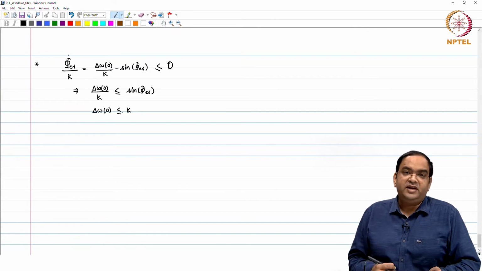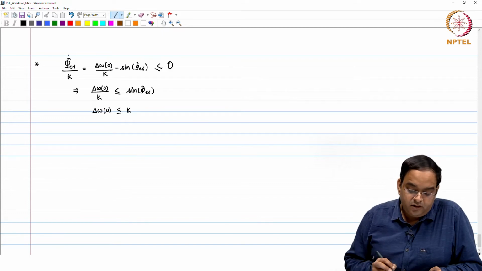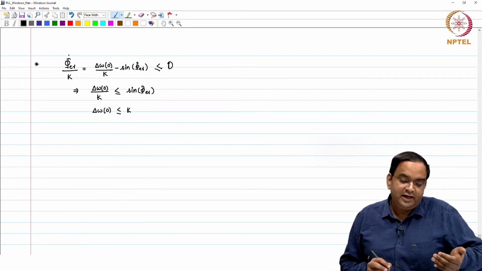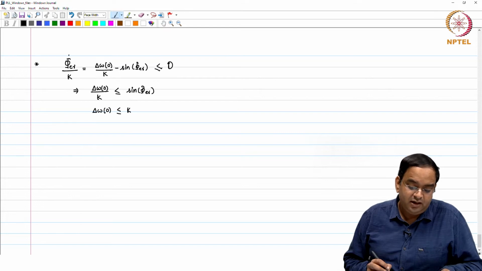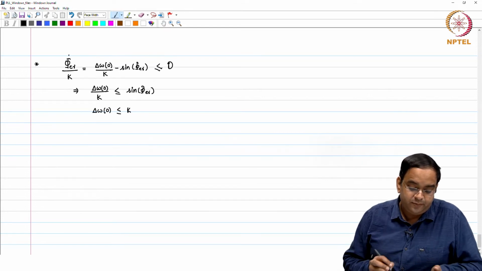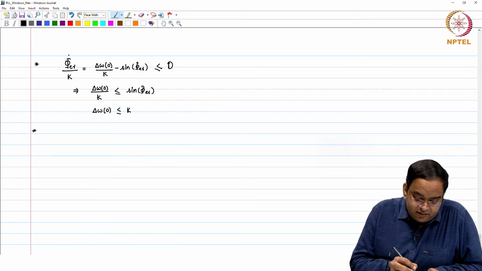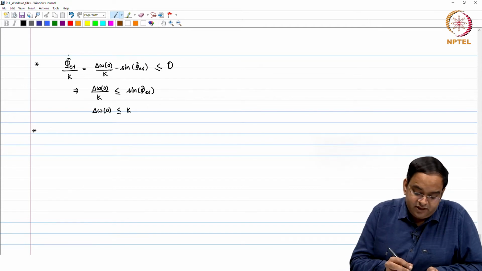Sine of phase error at maximum will be equal to 1. Okay. Similar limit exists on the other side of omega input. The other thing we see from here is that there are two solutions.